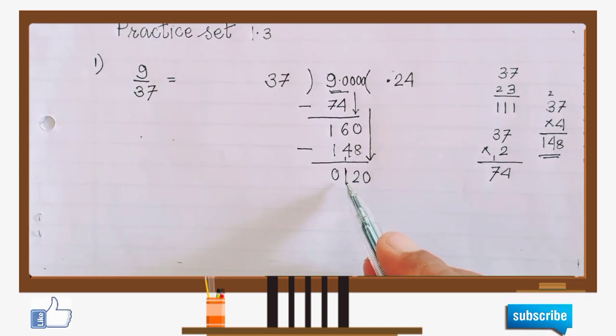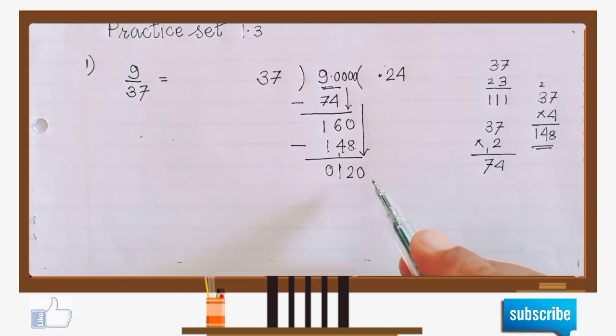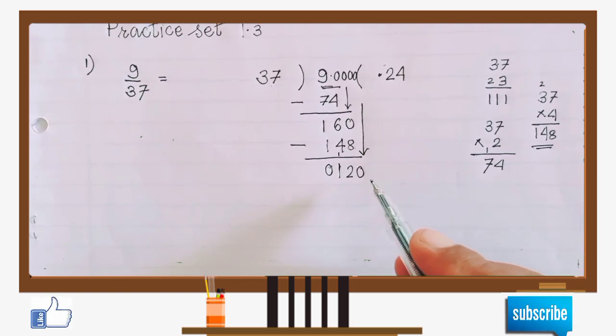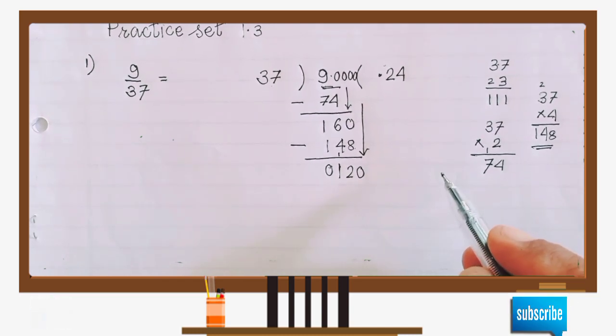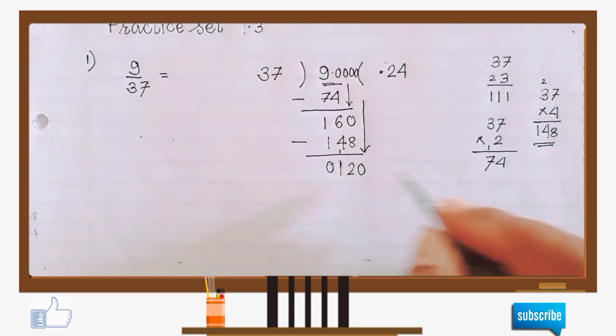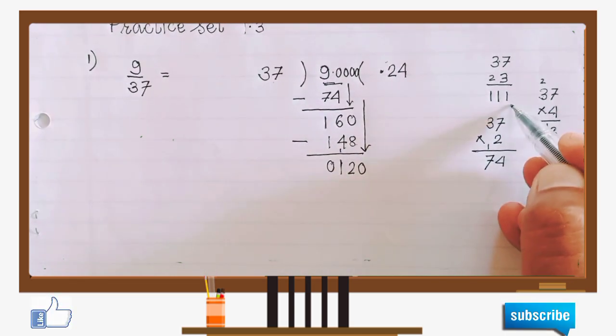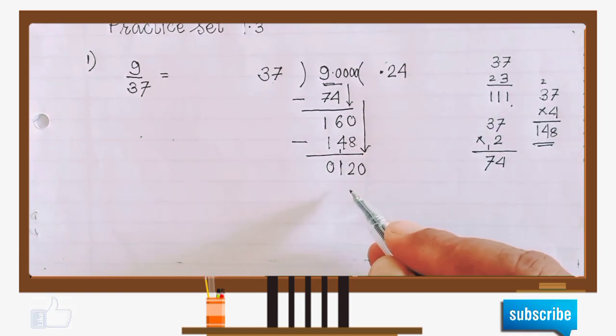Now you again see, does 120 come in the table of 37? 37 into 3 is 111, which is nearer to this.